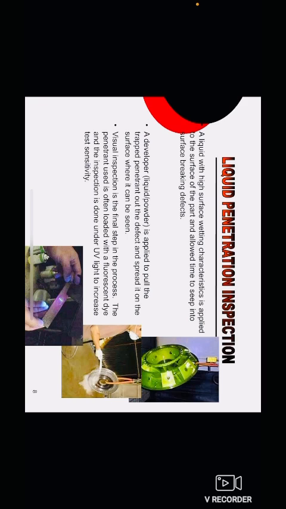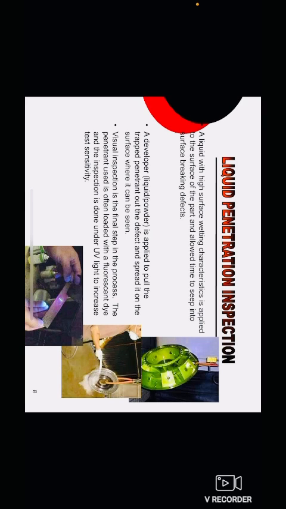Here is the procedure for liquid penetration testing. Here the man is using the liquid to test the part, which is an alloy. Visual inspection is the final step in the process.